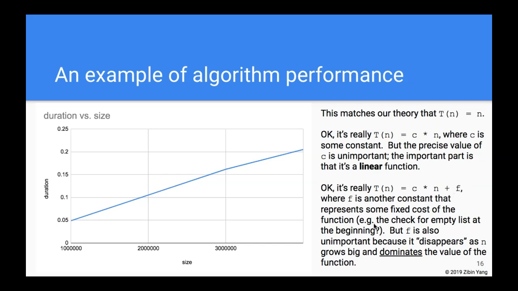Okay, but again, this constant here, f, is also not important, because when n grows really big, then f is going to become so insignificant that it really doesn't matter.